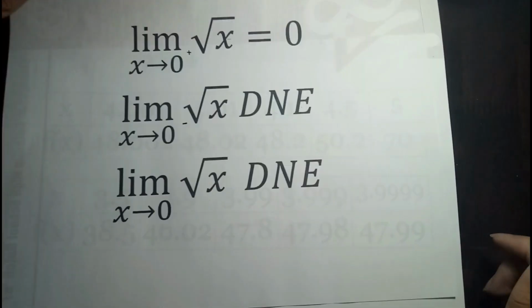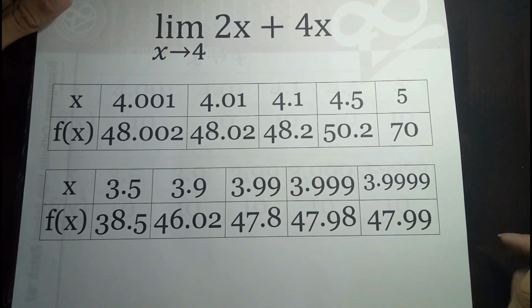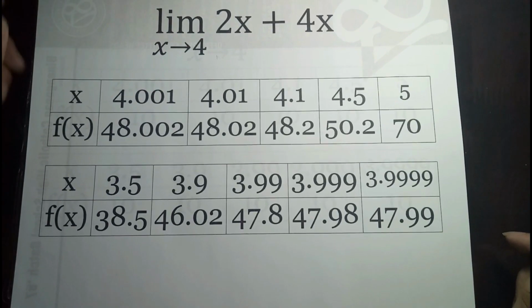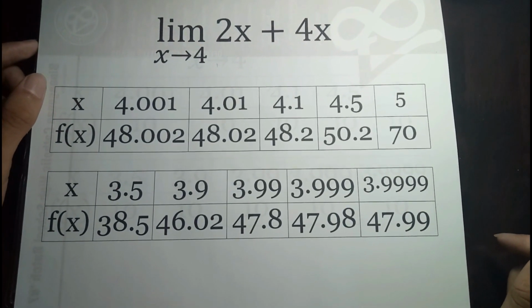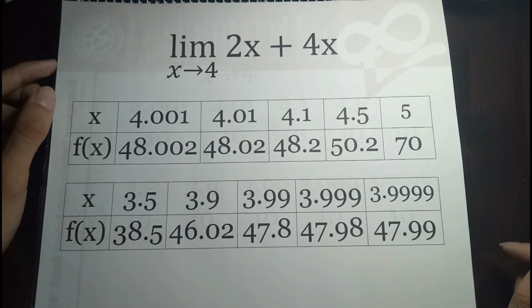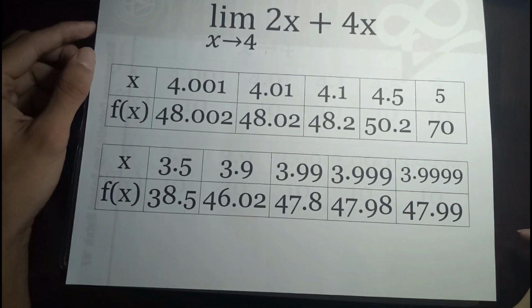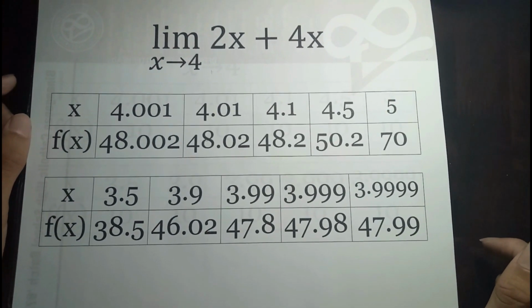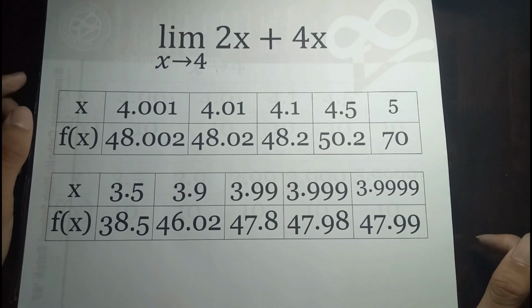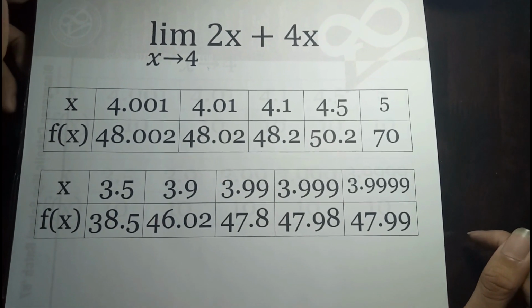And now, we will be having our next example. Limit of 2x squared plus 4x as x approaches 4 on both sides. The x values on the right side are 4.001, 4.01, 4.1, 4.5, and 5, and their corresponding f of x are 48.002, 48.02, 48.2, 50.2, and 70.